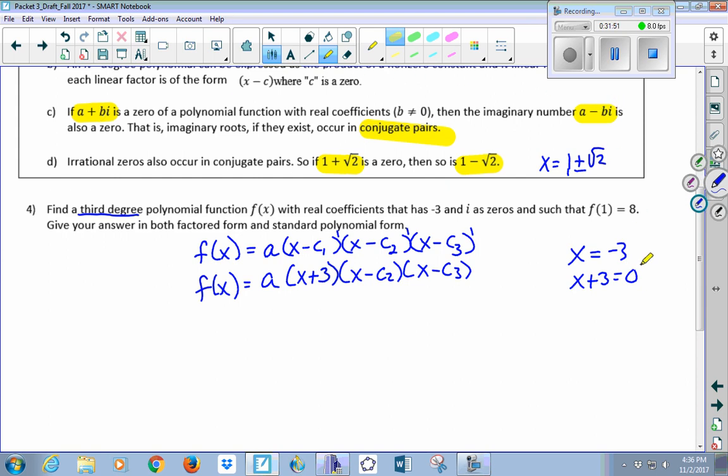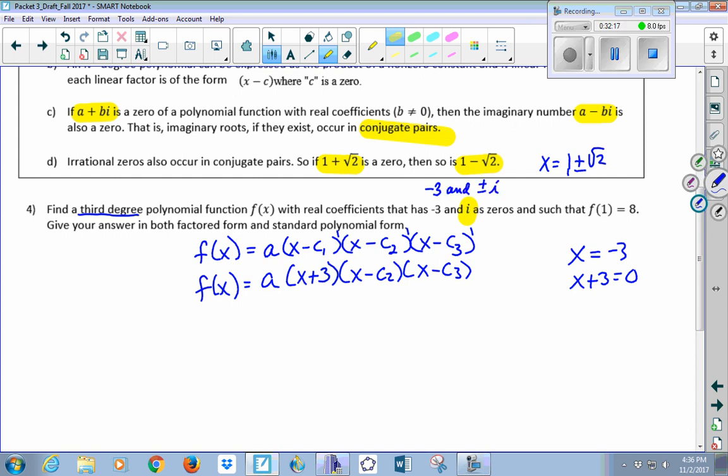So even though we don't tell you that you have -3 and plus and minus i as zeros, you have to remember that any complex imaginary, or in this case just an imaginary number, will always have a partner. So you can fill this in by saying -3 and plus or minus i.